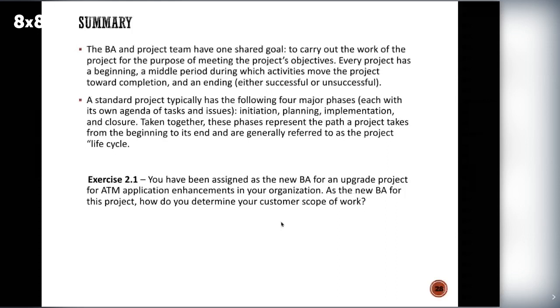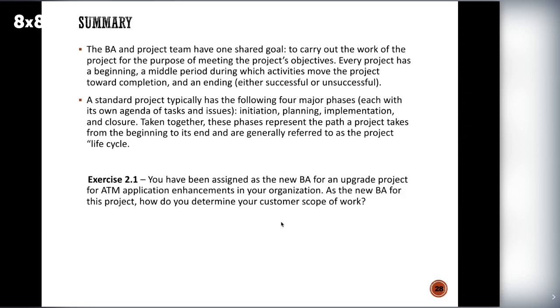A standard project typically has four major phases, each with its own agenda of tasks and issues. I'm talking about initiation, planning, implementation, and closure. Taken together, these phases represent the path a project takes from beginning to end and are generally referred to as the project life cycle.